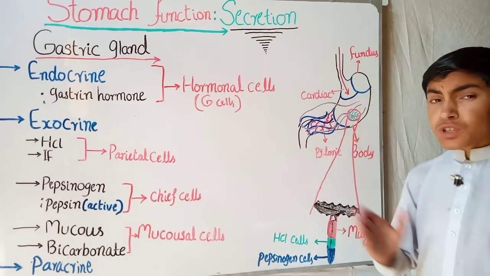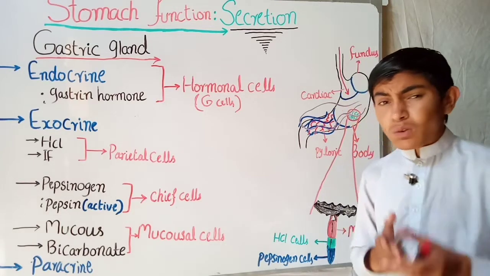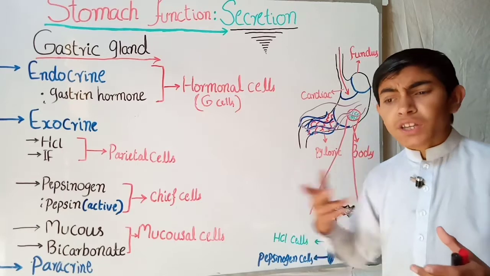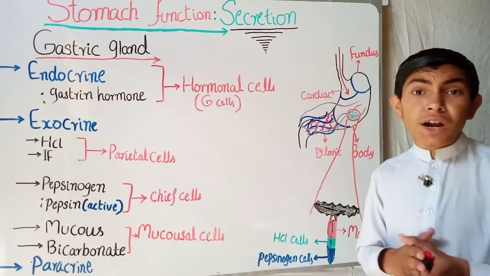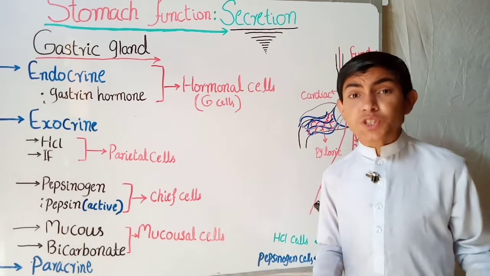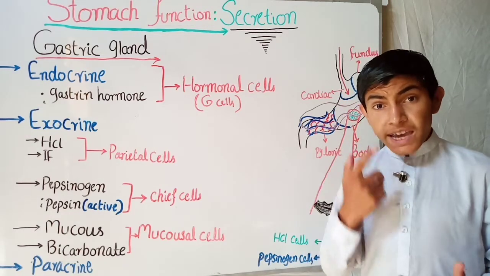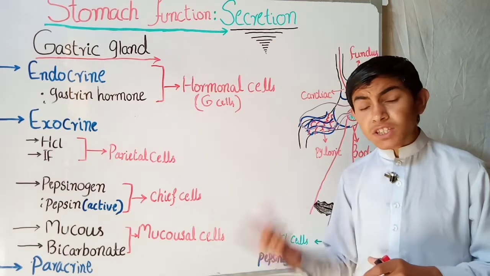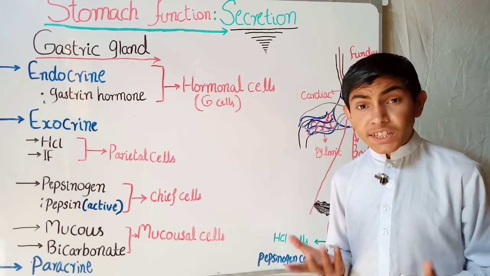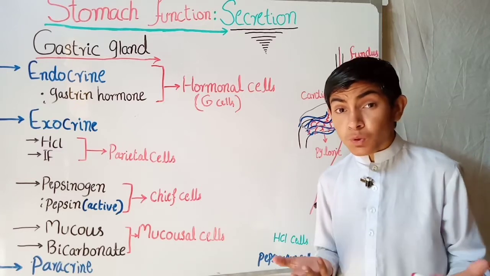The nervous way usually starts outside the body. When we haven't eaten the food and the food is in front of us and we only see the food, our eyes work as a receptor. Our eyes send the message that some delicious food is in front of you, you have to eat it.